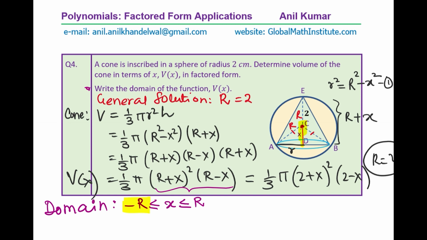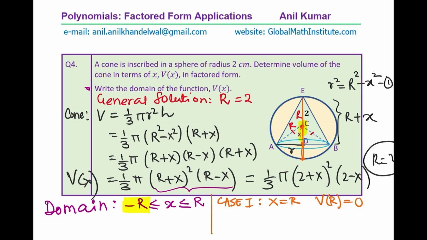Now let us try to visualize this. See, the x is from the center of the sphere to the center of the cone, correct? Now, if x is equal to r, then we'll be at this point, correct? So let's take case 1. X equals to r. In that case, the volume will be equal to 0 because it will be a straight line.